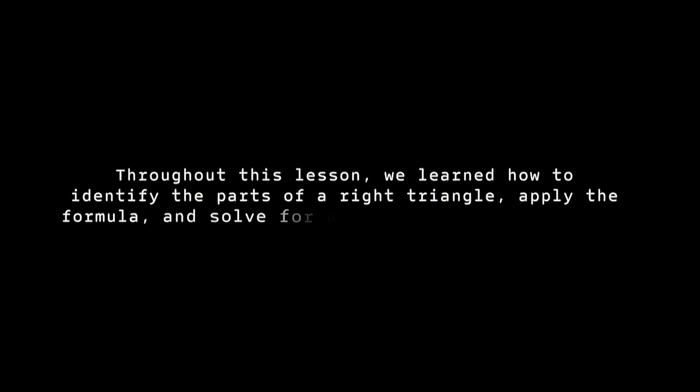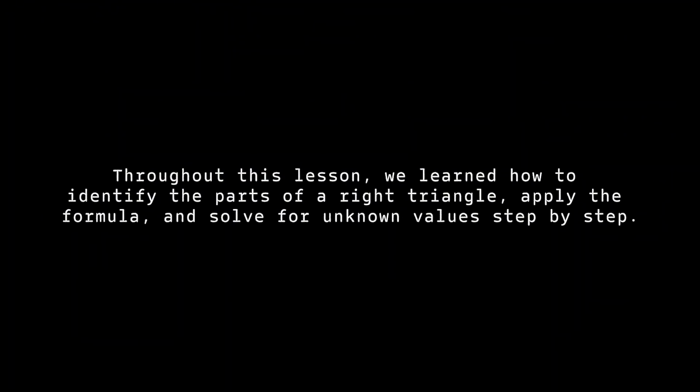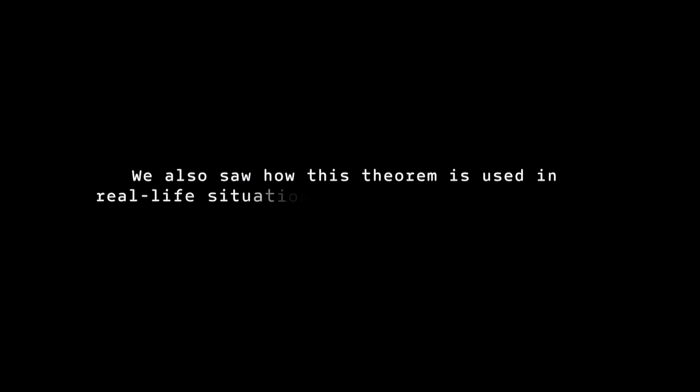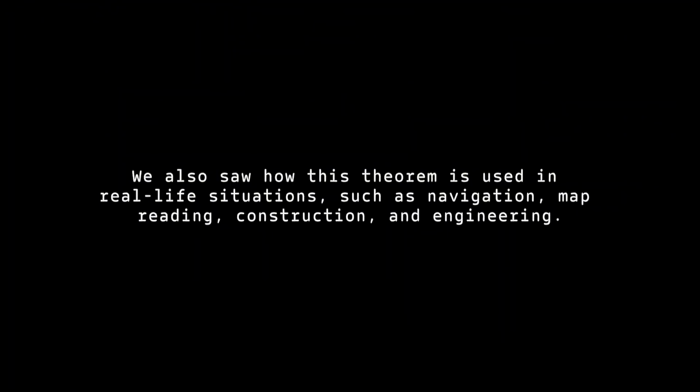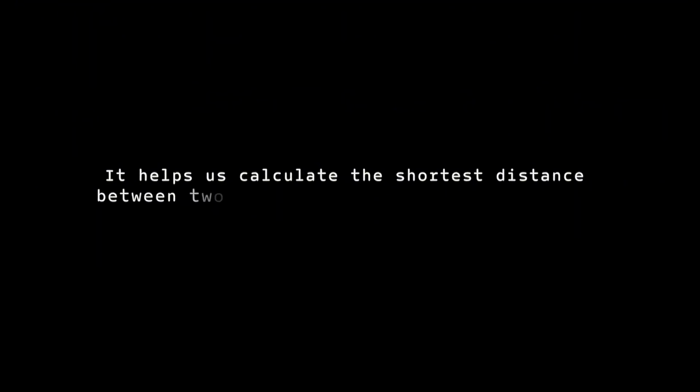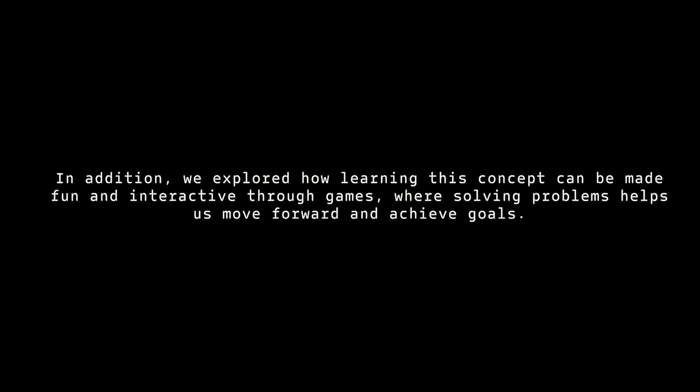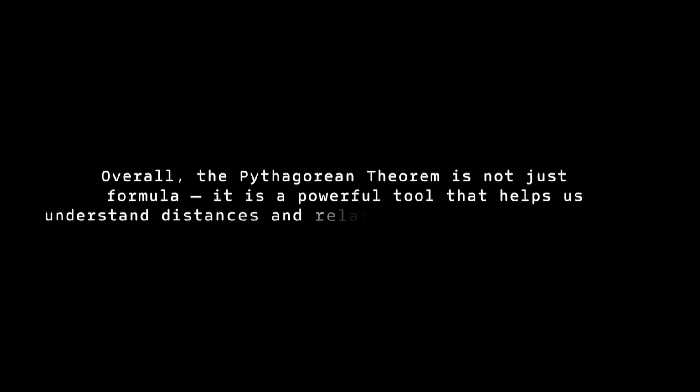Through this lesson, we learned how to identify the parts of the right triangle, apply the formula, and solve for the unknown value step by step. We also saw how this theorem is used in real-life situations such as navigation, map reading, construction, and engineering. Overall, the Pythagorean theorem is not just a formula, it is a power to help us understand distance relationships in the real world.